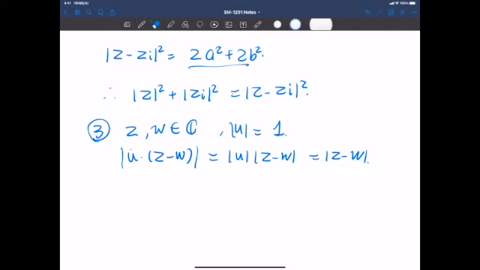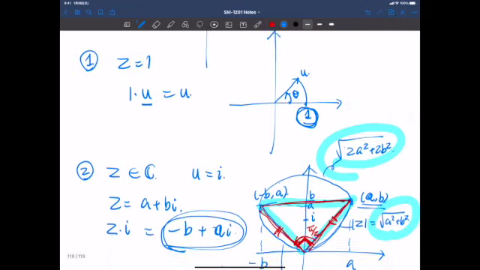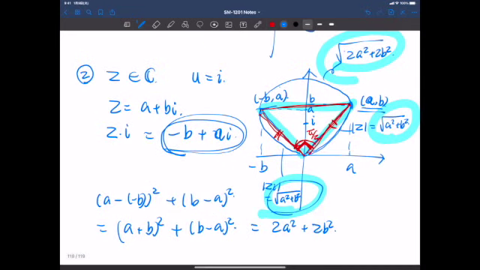So this means multiplication by u does not change the modulus of the difference between two complex numbers. This is actually what we are seeing here. It's the difference between this point and the origin, (0, 0). So this distance doesn't change by multiplication by a complex number with unit modulus.